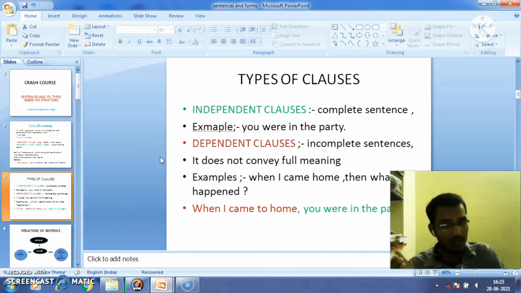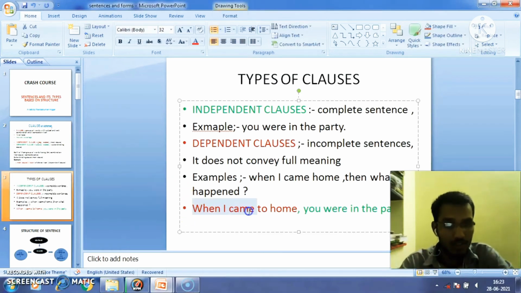Here, when I came to home is a dependent clause, right? You are in the party is an independent clause. Why is when I came to home dependent? Because it depends upon the independent clause, so that's why it is called a dependent clause.